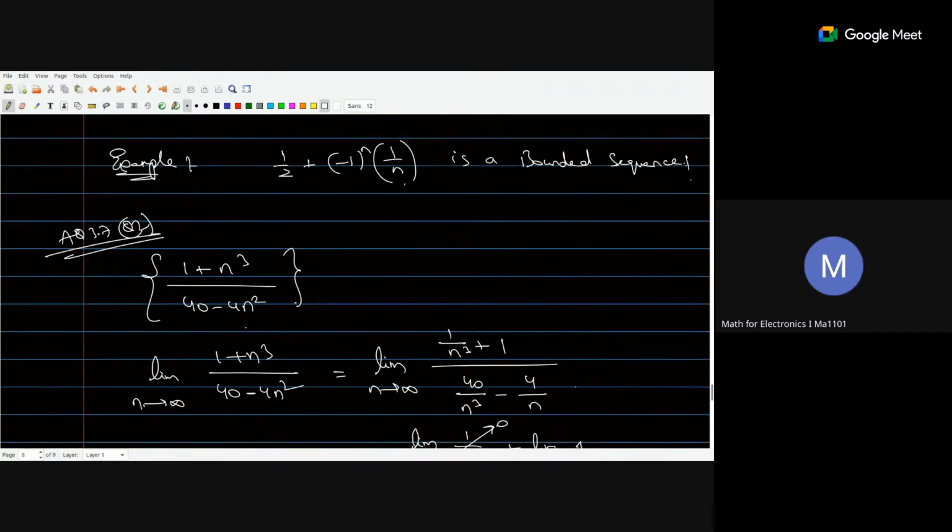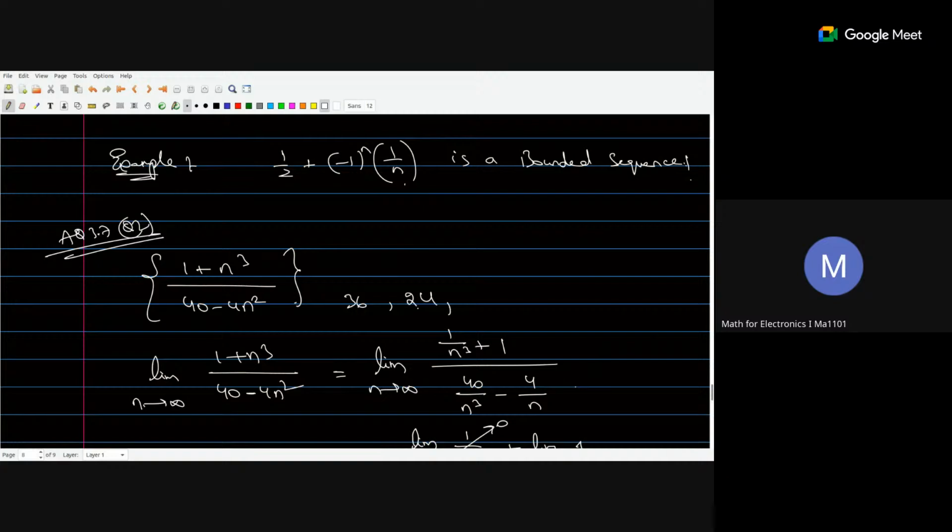Also, I wanted to mention this. That is what you get if you have the intuition of the sequence. If I increase my n, the numerator will increase, the denominator will decrease. So when n is 1, it is 40 minus 4, which is 36. When n is 2, it is 40 minus 4 into 4, 2 square, which is 4 into 4 is 16. 40 minus 16 is 24.